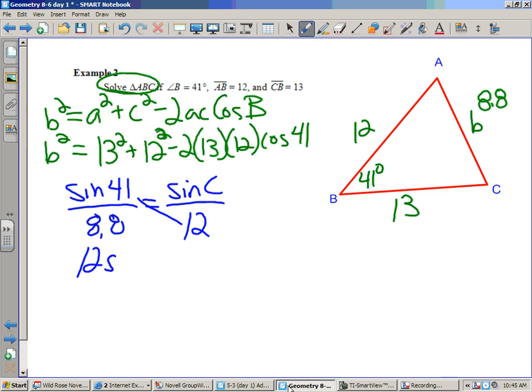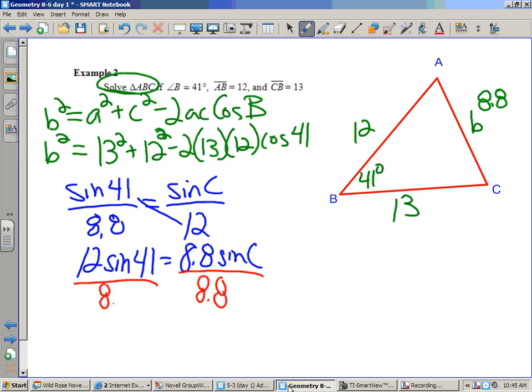So 12 sine of 41, 8.8 sine of C. So once again, you're probably noticing that once you get to law of sines, it seems as though we're using arcsine a lot. Okay? You'll find out tomorrow that it doesn't always have to work out that way. Divide by 8.8. And you type that in.